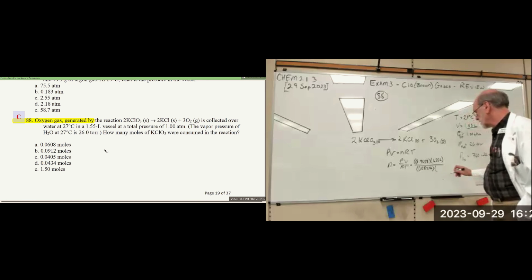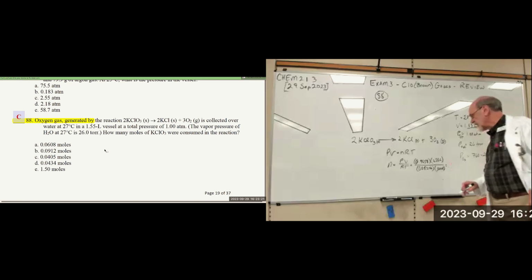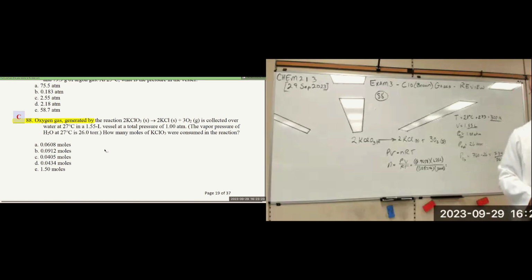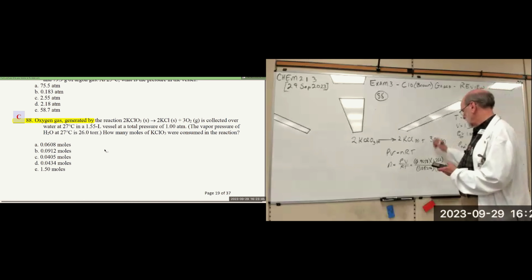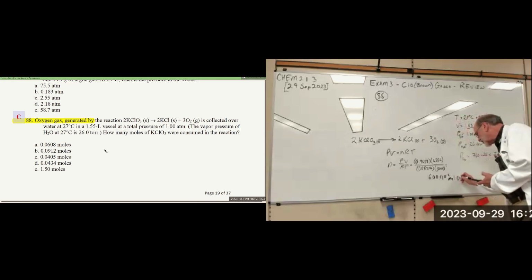Right, the too small one. And temperature is 300. So that's the moles of oxygen that were produced from that decomposition. 1.55 times that, 0.08206 divided into it, 300 divided by that. So that's 6.08 times 10 to the minus 2 moles of oxygen.